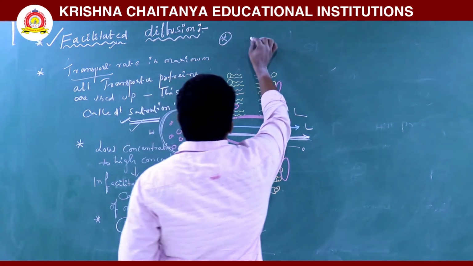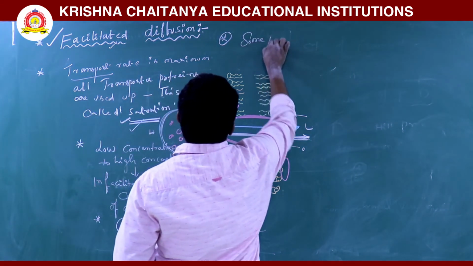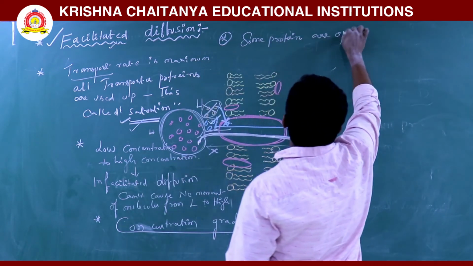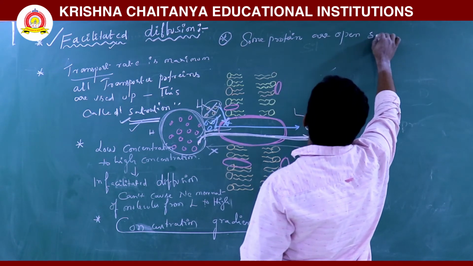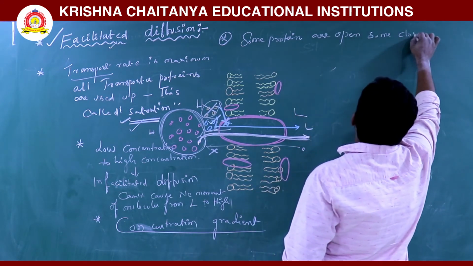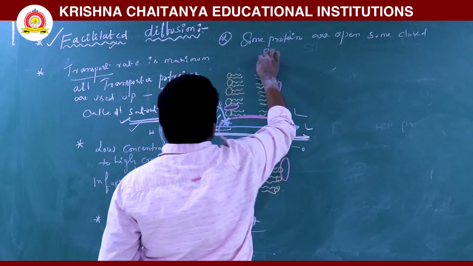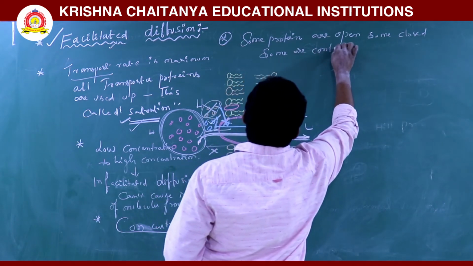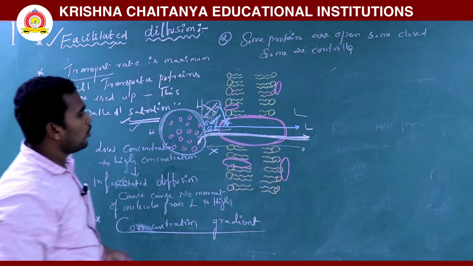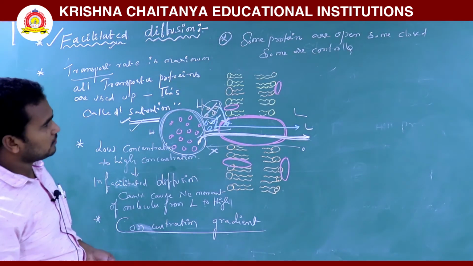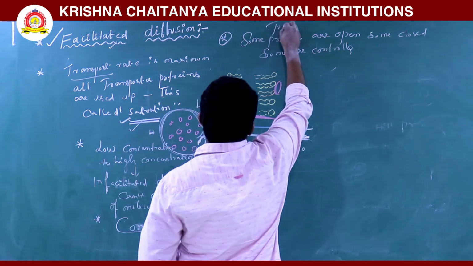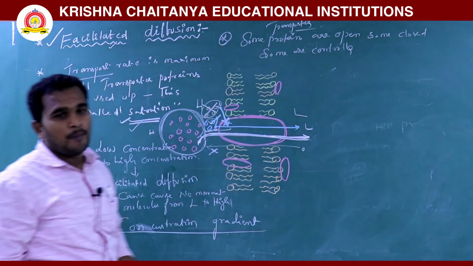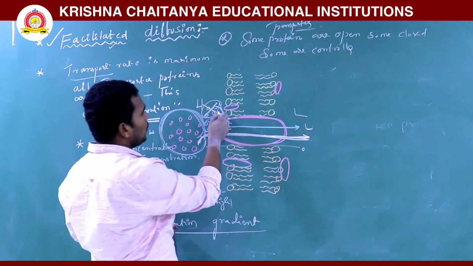Here some transporter proteins are open, some transporter proteins are closed, and some are controlling the substances.